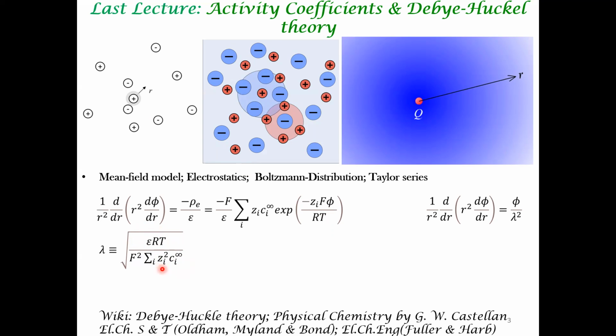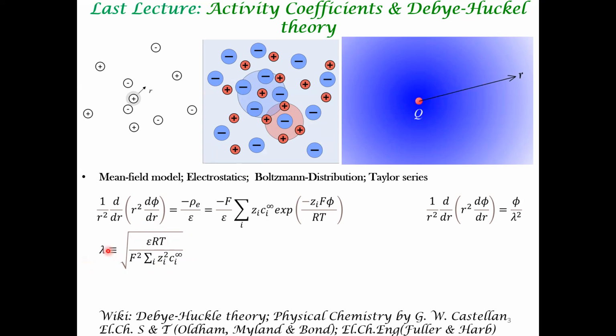If the concentration of the ions is larger, the Debye length is smaller. So what is Debye length a measure of? Supposing you take a charge Q, Debye length is a measure of how steeply the lack of charge neutrality falls.